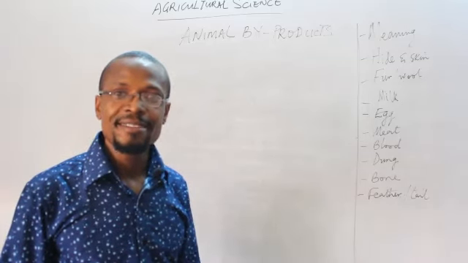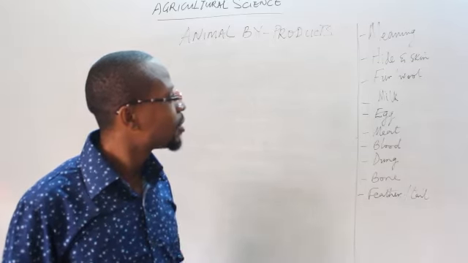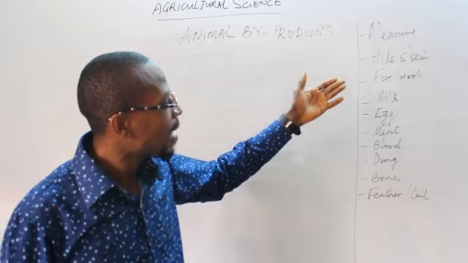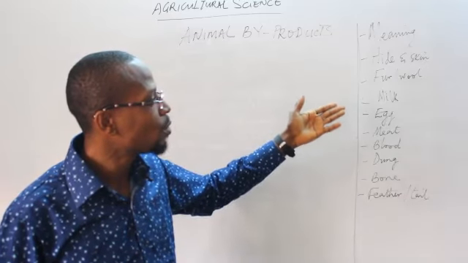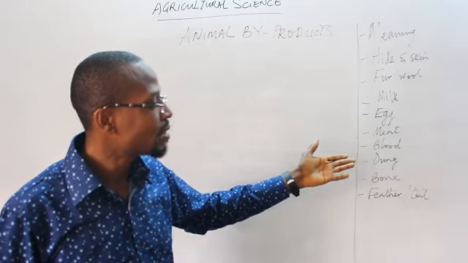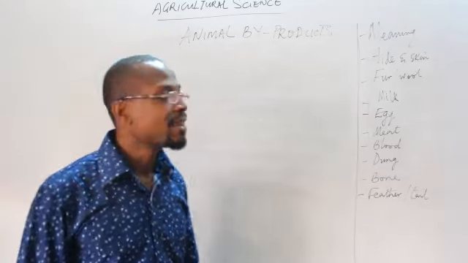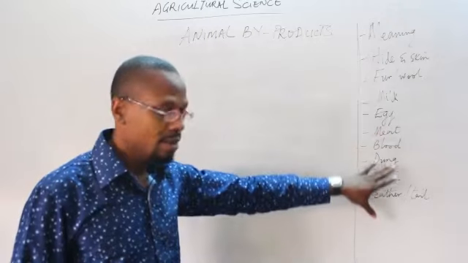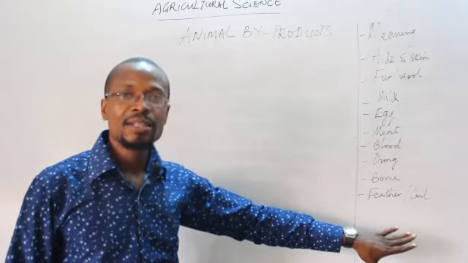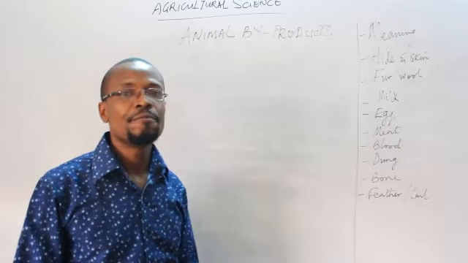So these byproducts, which are the hides and skin, the fur, the wool, the milk, the egg, the meat, the blood, the dung, the bone, the feather and tails of animals, they are all byproducts of animals, and we use these in various ways.